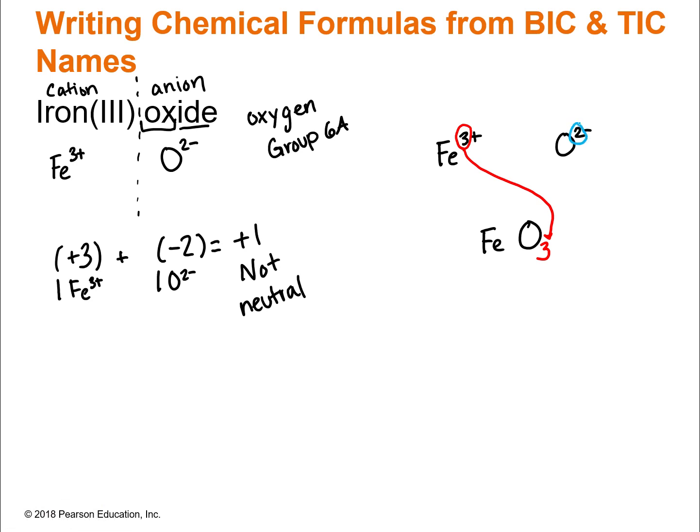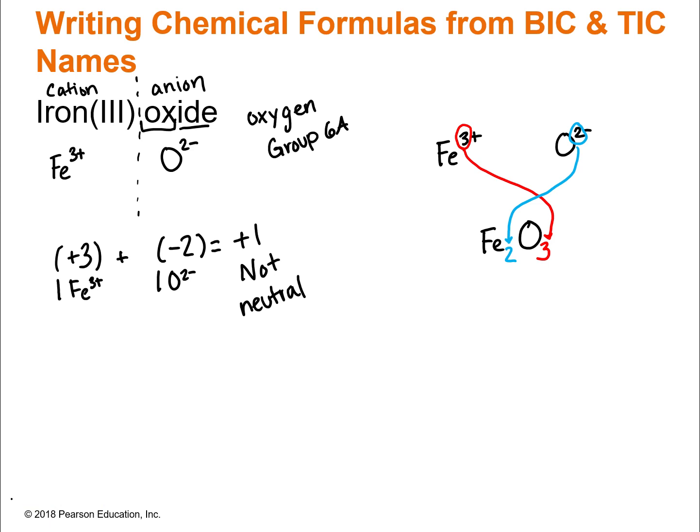The number in the charge for the oxide, which is our anion, becomes the subscript for the cation. So you do that swap.